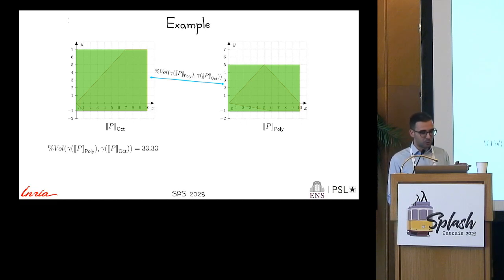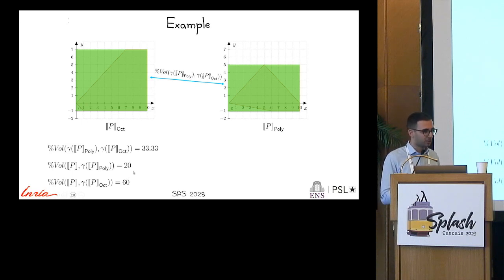It says that the result of the octagons analysis has approximately 33% more volume than the result of the polyhedra analysis in this case. Similarly, the result between the polyhedra analysis and the concrete analysis shows an inaccuracy of 20%, while between the octagons and the concrete analysis it is 60% more.